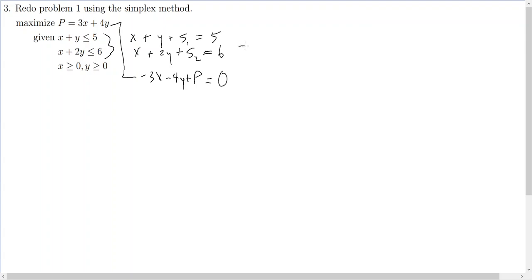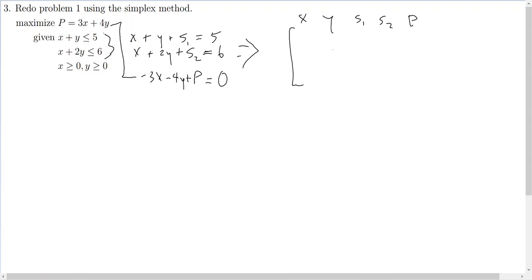Okay, so all this gets translated into the simplex tableau, where we label the columns with variable names, starting with our primary variables x and y, and then our slack variables S1, S2, and then finally p.